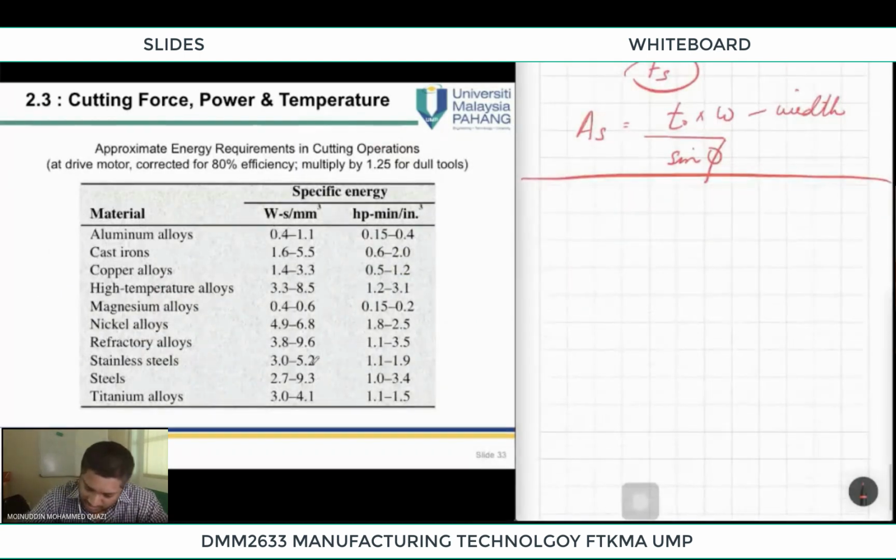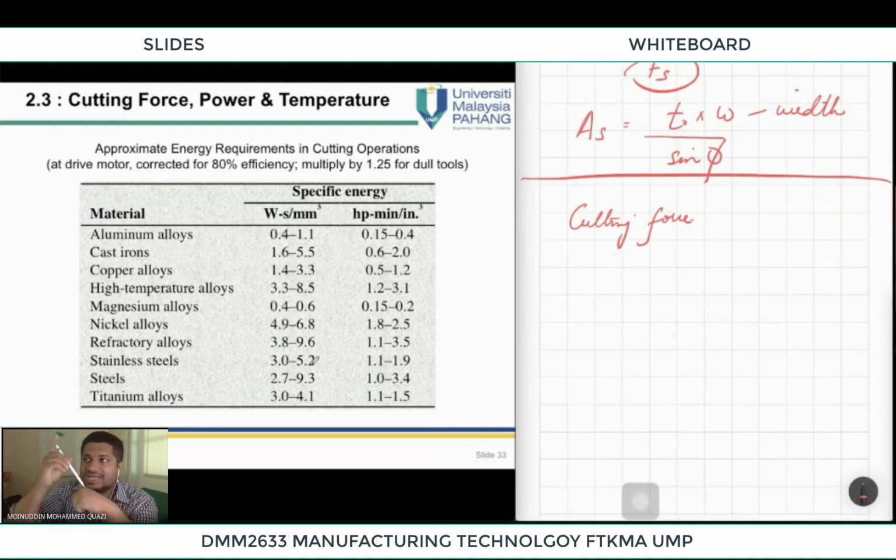When I want to put some cutting force on something, I need to apply power. The power that I apply will increase the cutting force, and when the cutting force increases, the material removal rate increases.